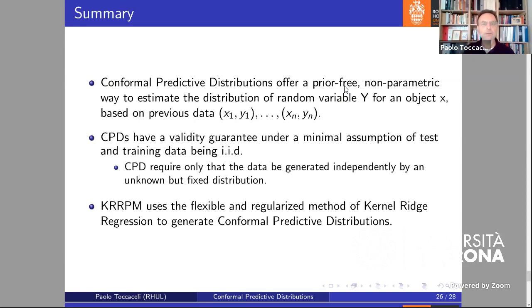The conformal predictive distributions have a validity guarantee with theoretical backing under the minimal assumption of test and training data being IID. So in particular, they require only that the data be generated independently by an unknown but fixed distribution.